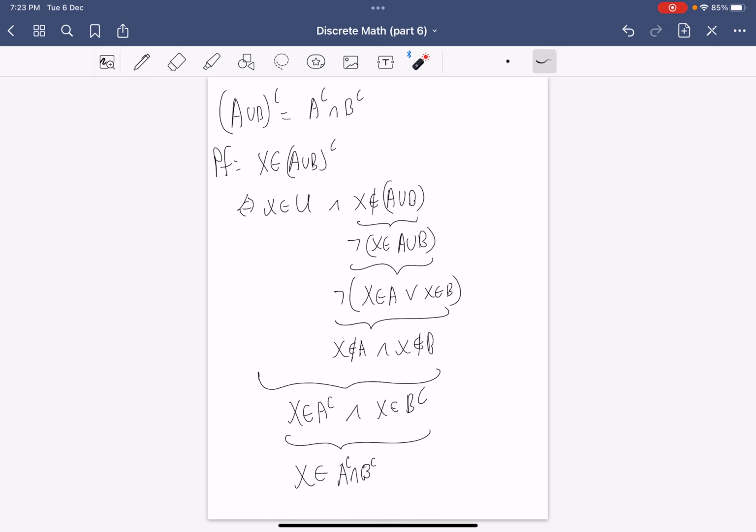And since these are all a series of if and only ifs, they are equal, because you can repeat this whole process backwards and see that it works.